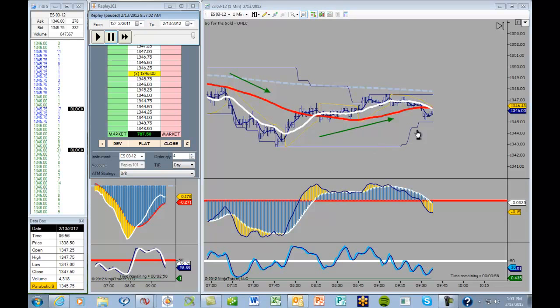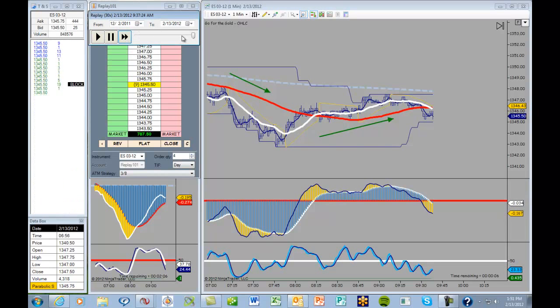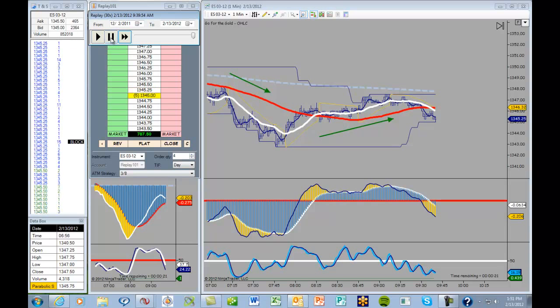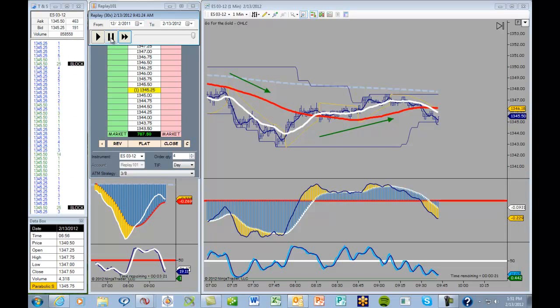One of two things will occur. Either this will line up bullish with this, or the 5 minute will line up bearish with the 1 minute over here. So we'll see which happens first. Okay, we're still heading lower over here on the 1 minute, but still no cross on the 5 minute. And looks like we're starting to come back a little bit.